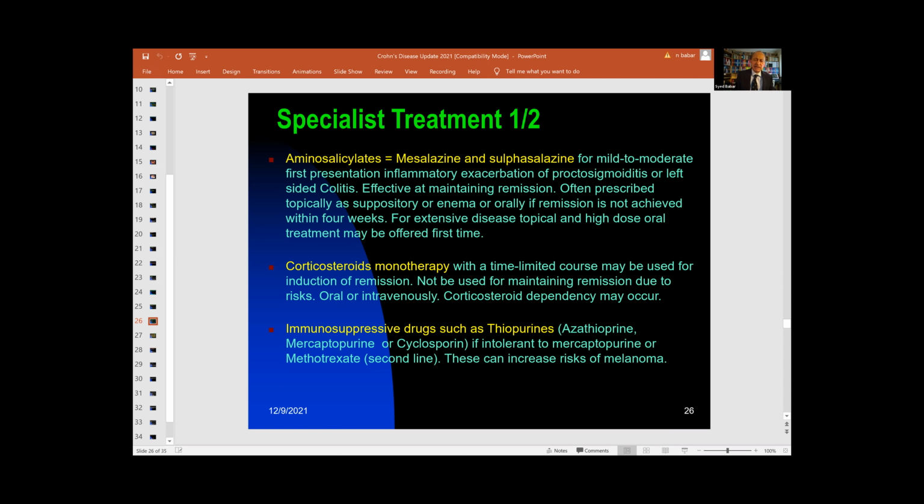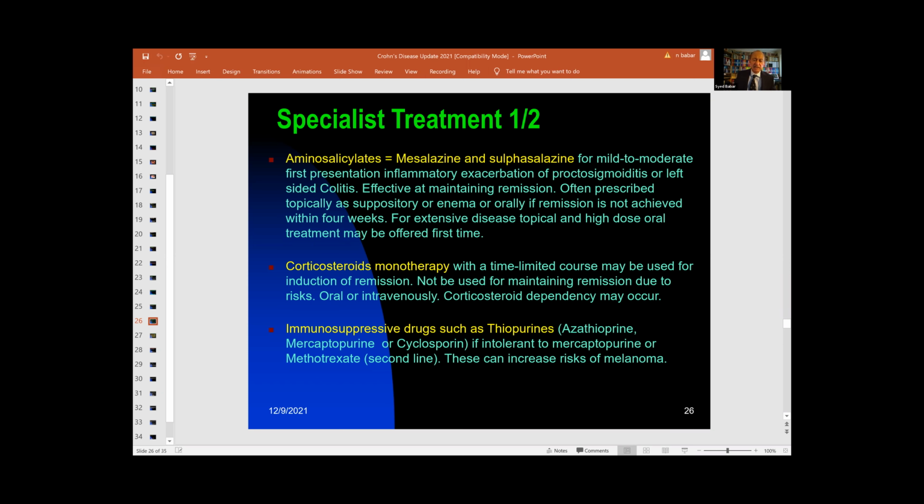It is quite effective in maintaining remission and it can be prescribed orally, topically, as suppository, or as enema. If remission is not achieved within 4 weeks, other treatments are started. And the other treatment would be corticosteroid monotherapy, such as prednisone, foam, enema, and so on.